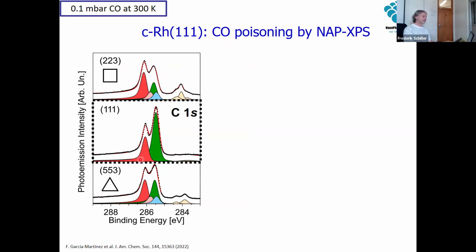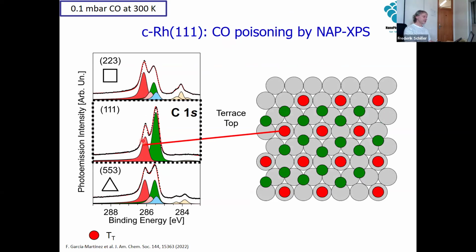So again, the power of XPS tells us that one peak corresponds to the carbon monoxide atom of a, in this case, a platinum or rhodium atom. And the other part, the green one, corresponds to a carbon monoxide in some of these hollow positions.